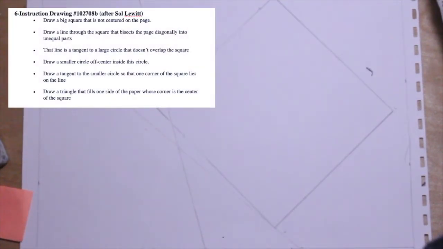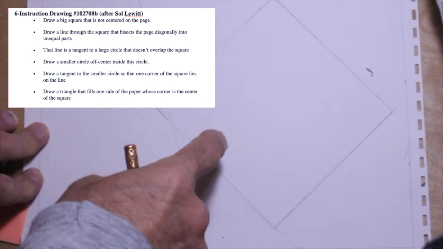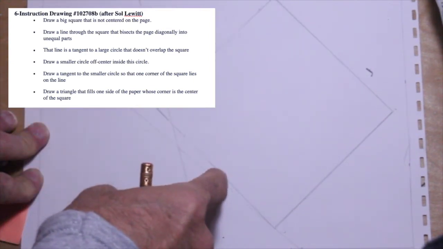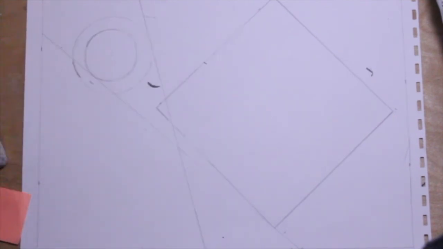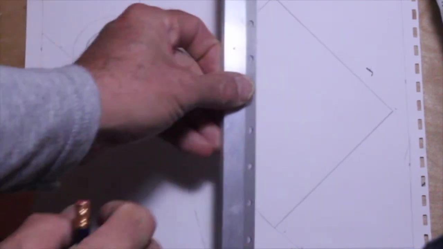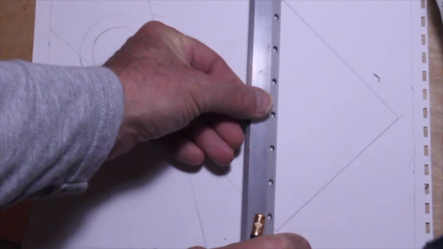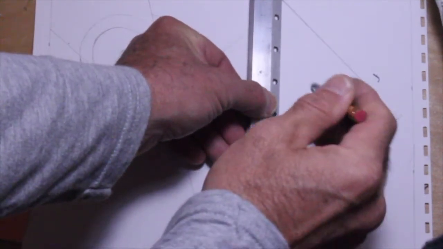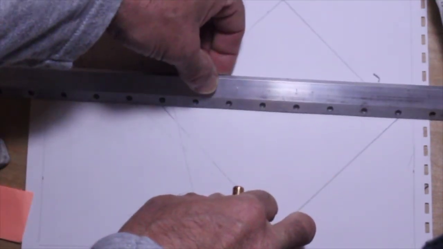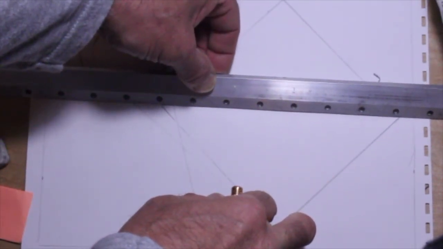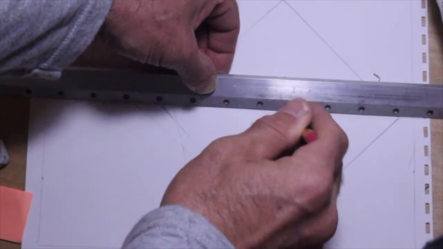Next instruction is draw a triangle that fills one side of the paper whose corner is in the center of the square. So we've got to find the center of the square here. So to do that, I go here. Right. I find the center.